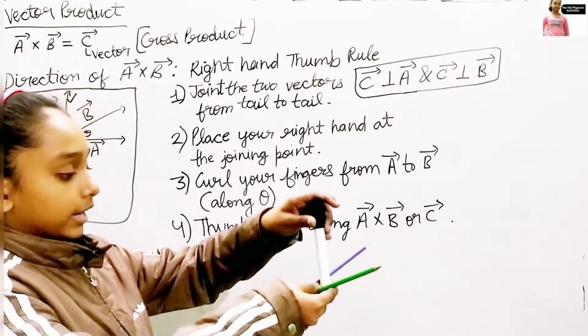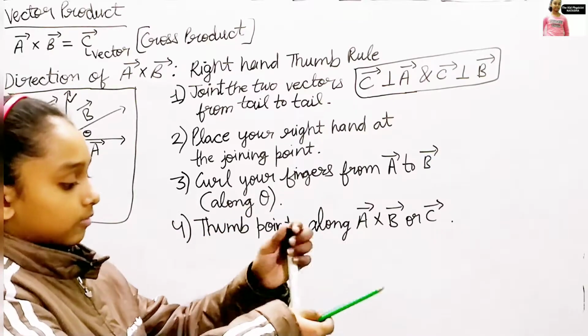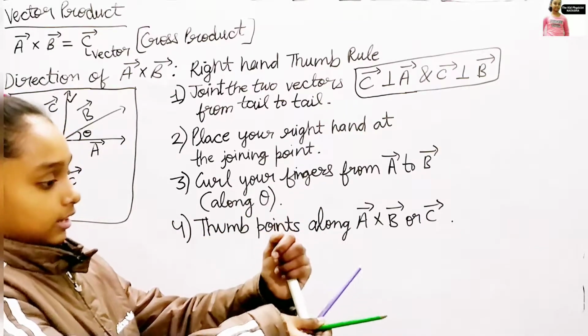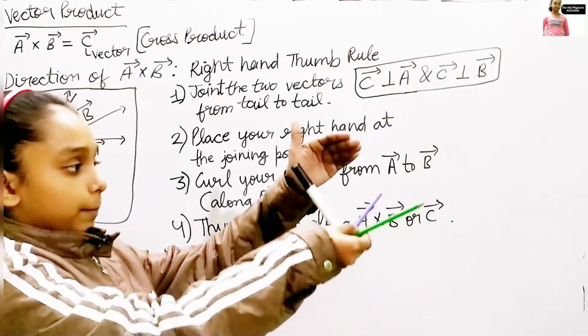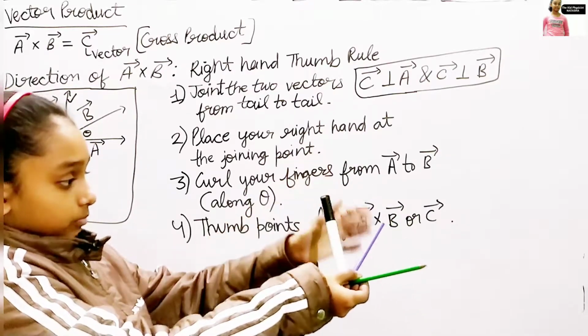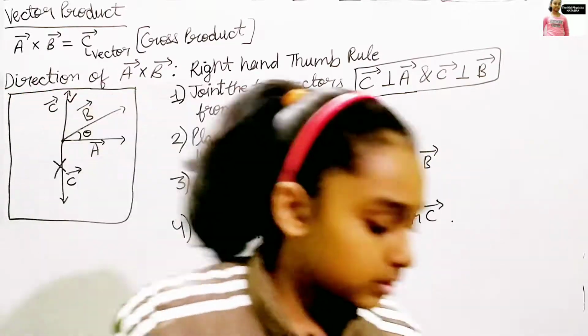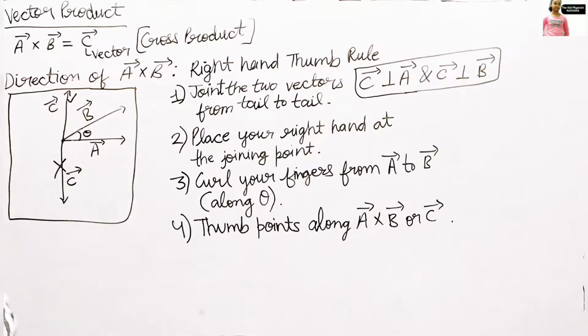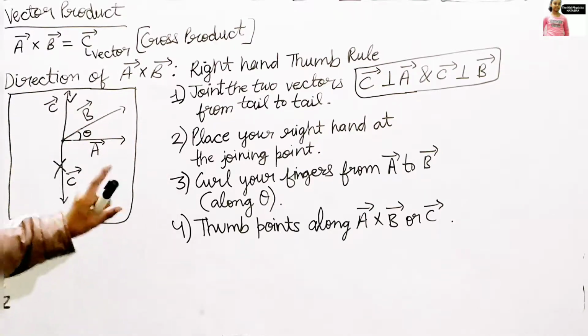And if I put vector C in the upward, north direction, again it is perpendicular to vector B and vector A both. Okay, see, got it? Yeah, so I hope you all have understood how to find the direction of A cross B, or of any two vectors, through the right hand thumb rule.